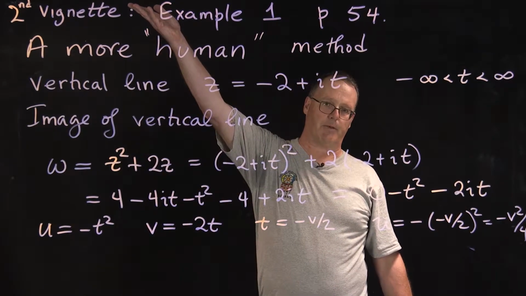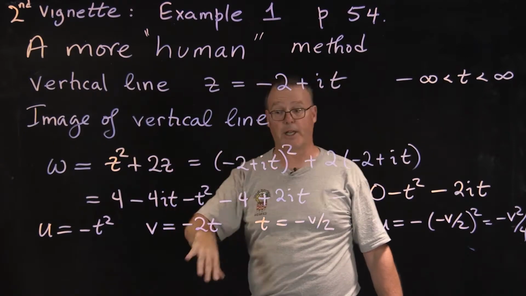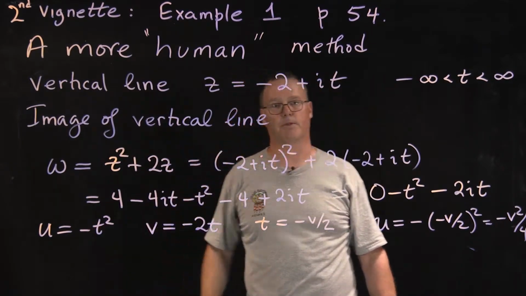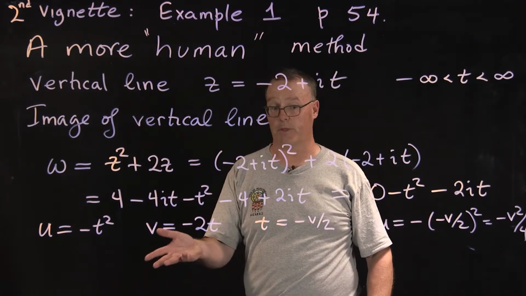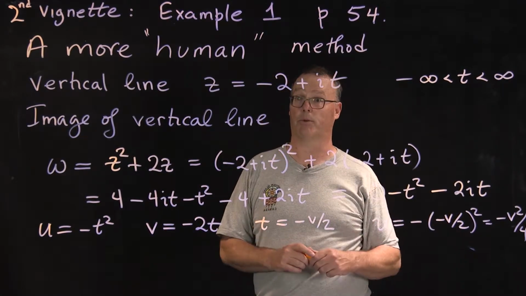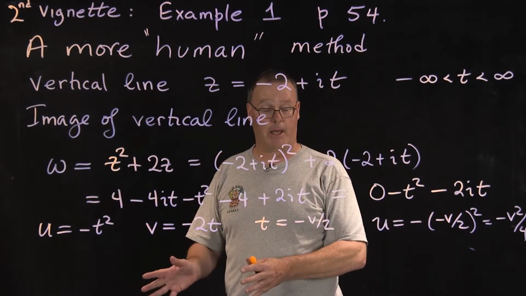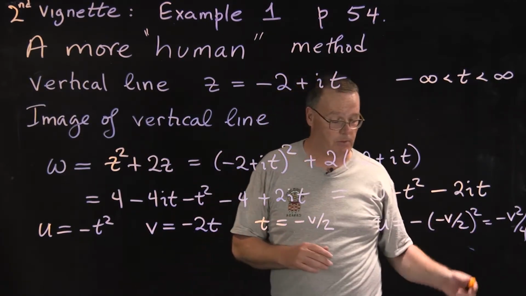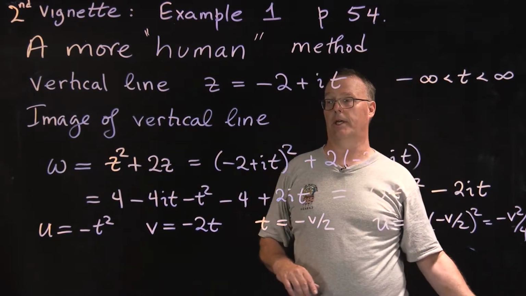So if you start at minus infinity, you're starting with a large v, and you come down this way. So we got the directionality of our curve out of this as well. So this is superior for a bunch of reasons. One is that it tells you that it really is a parabola. On the other hand, that automatic technique that grinds it out is very automatic, and away we go. So that's the image of a vertical line.